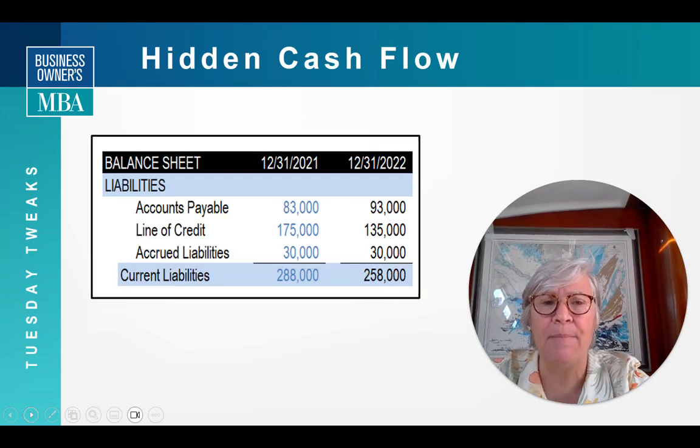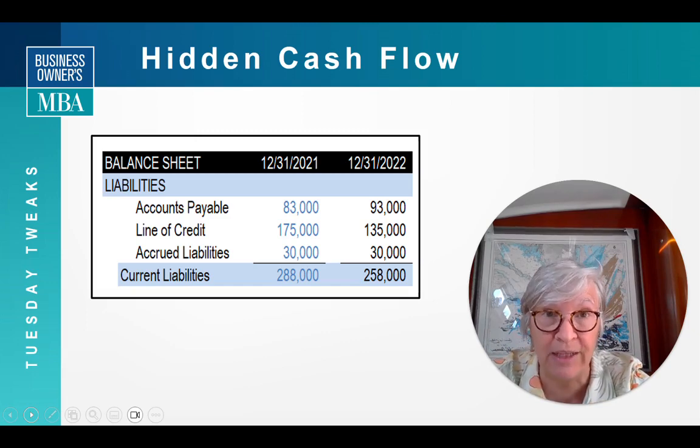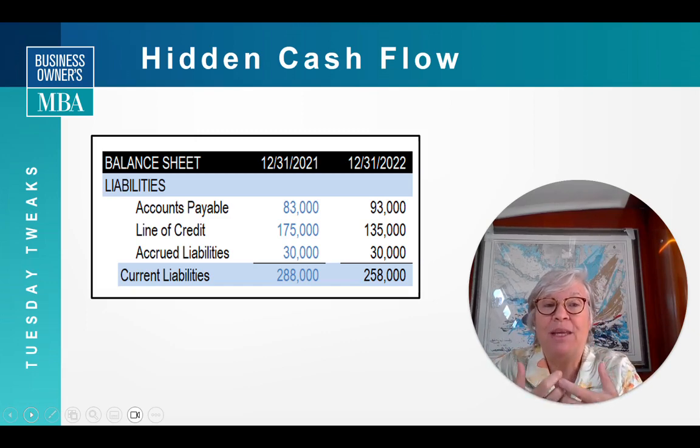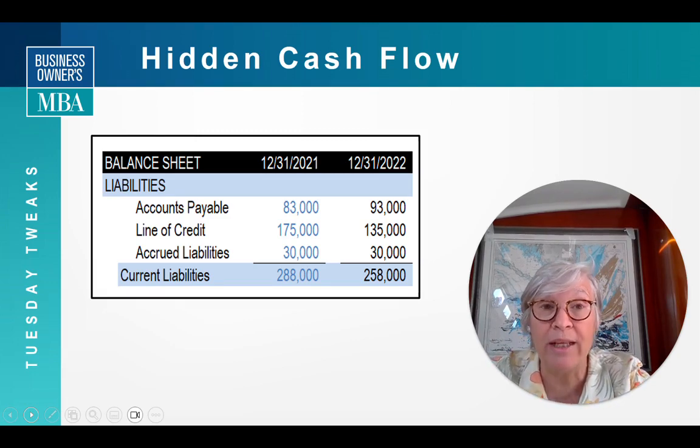So let's look at liabilities. One of the ways to improve your cash flow is not to pay your vendors as quickly. So here you can see that her accounts payable went from $83,000 to $93,000. That's a $10,000 benefit because she kept the cash. She did not pay her vendors as quickly.